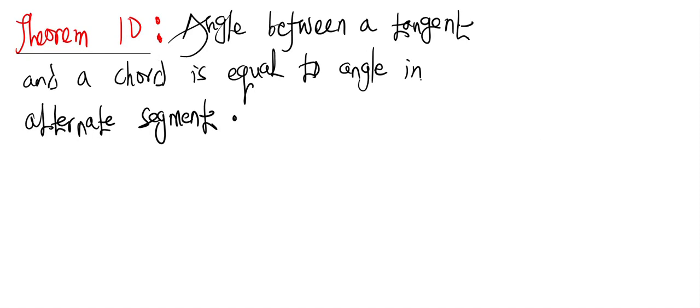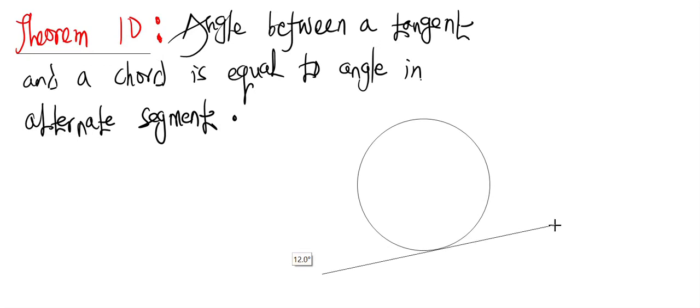So let us try to explain that theorem. We need to have a tangent and we also need to have a chord. So angle between a tangent and a chord.